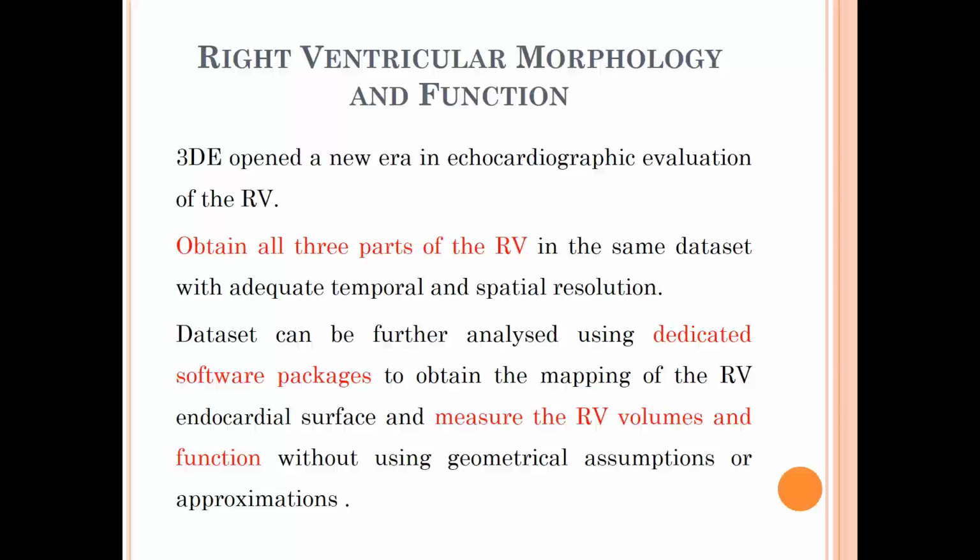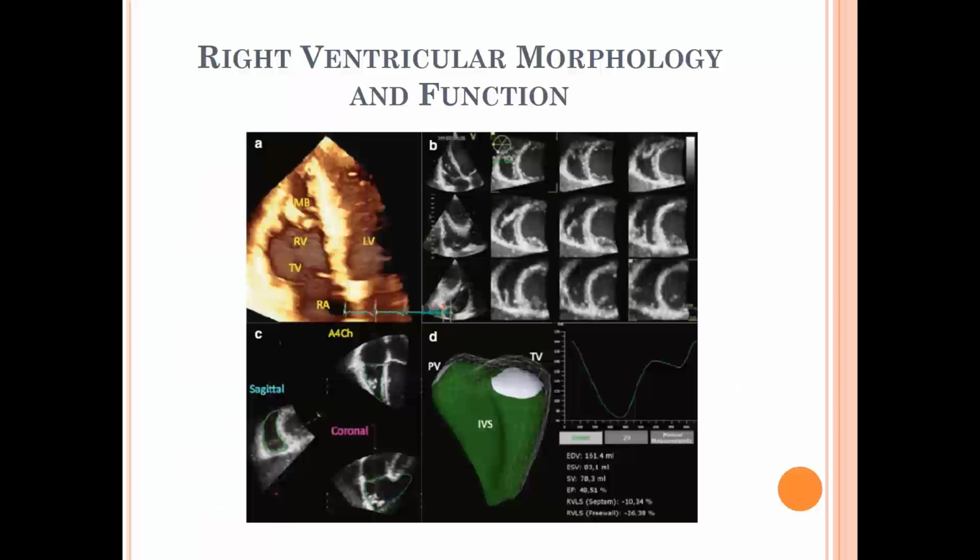Three-dimensional echocardiography opened a new era in evaluation of the right ventricle. We can obtain all three parts of the RV in the same dataset with adequate temporal and spatial resolution. There are certain dedicated software packages for RV mapping and measurement of the RV volumes and function without making any geometrical assumption. 3D analysis of the right ventricular volumes and function is of utmost importance.